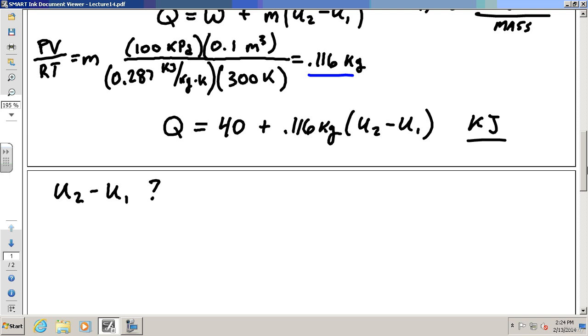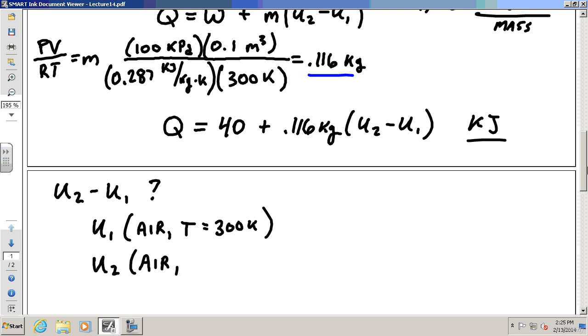One way you can do it is to use the tables. We haven't done this yet, but let's do it now. Let's look up U1 for air at a temperature of 300 Kelvin, and we're also going to look up U2 for air at a temperature of 1500 Kelvin. We do have tables for that.